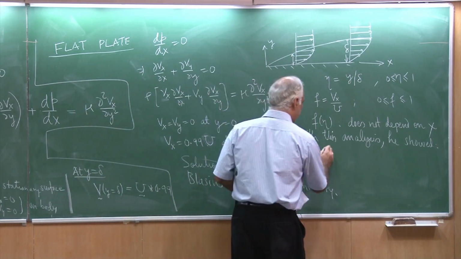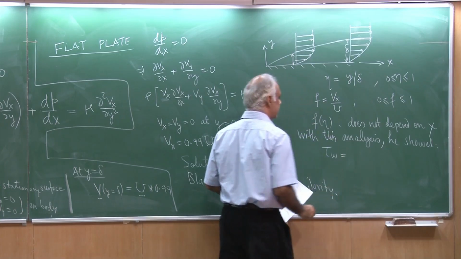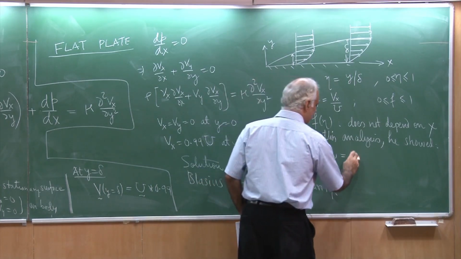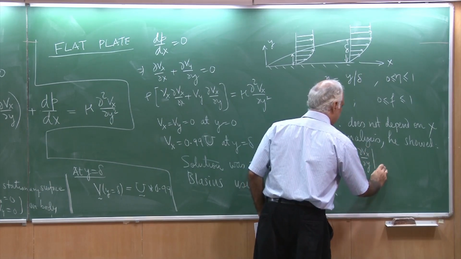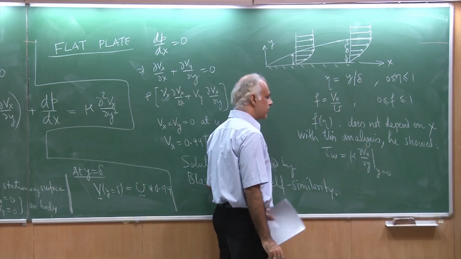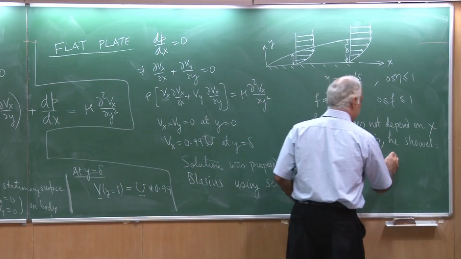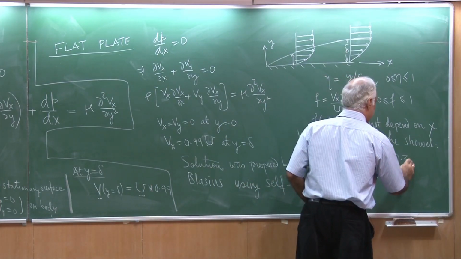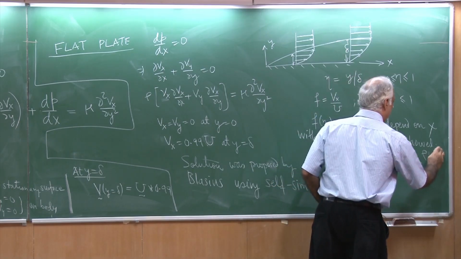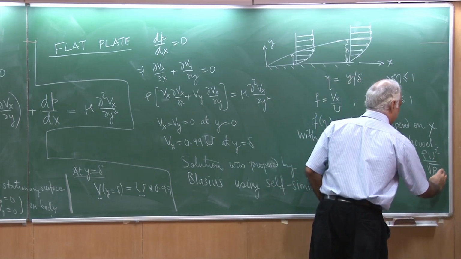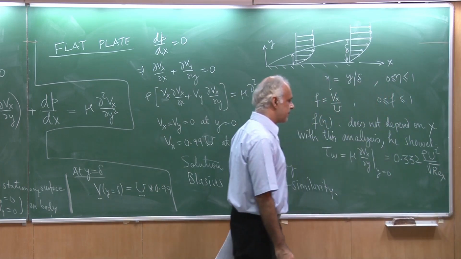So he was able to show that tau wall, which is the shear stress, which of course is defined as mu del Vx by del y at y equal to 0, is given as 0.332 times rho u square by square root of Rex.